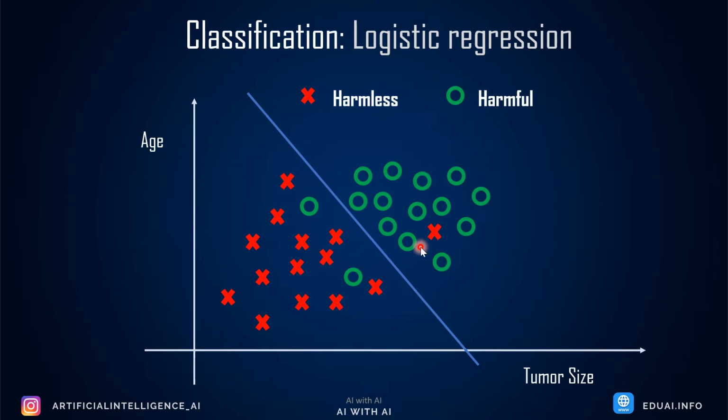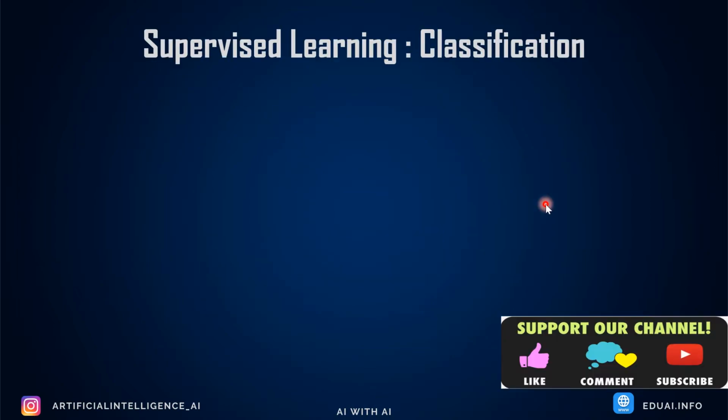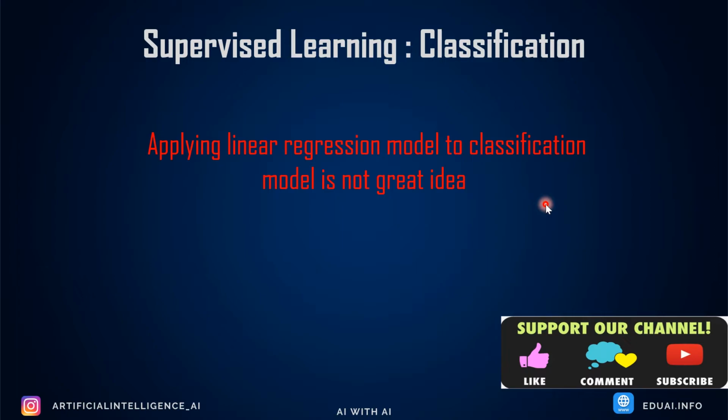So whenever you get any problem statement, you need to ask yourself, do you want to classify the data or do you want to find a continuous value? In other words, can I say applying a linear regression model to classification is not a great idea, because we are interested in the classes and not the continuous value.